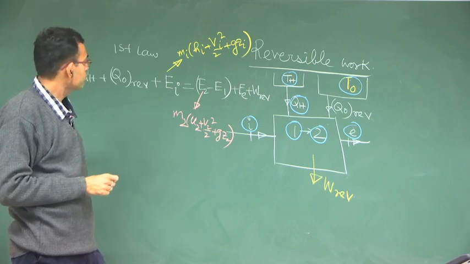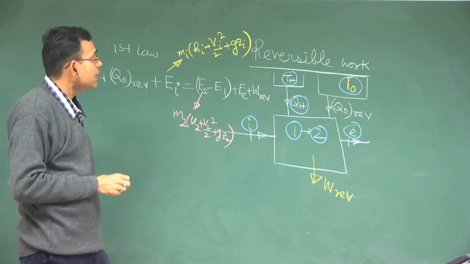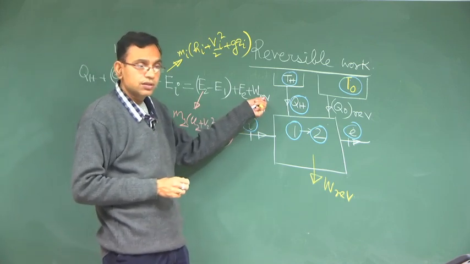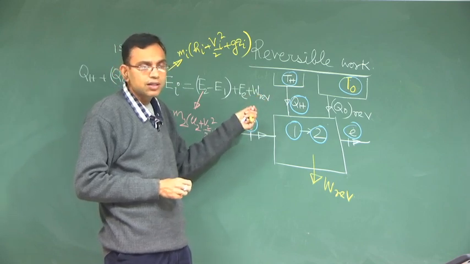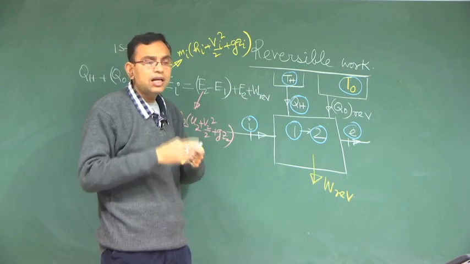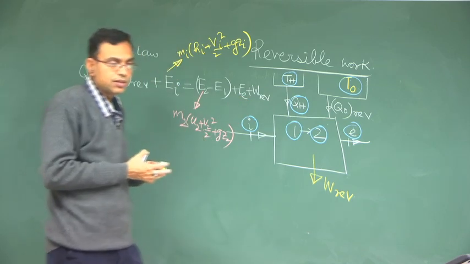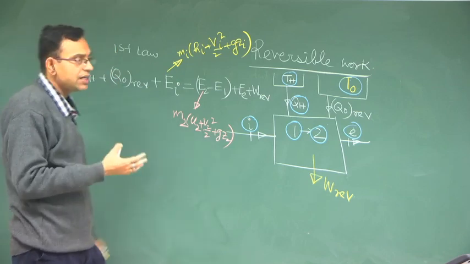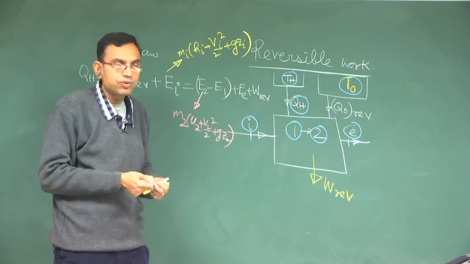But how do you guarantee that this work is reversible work? You can guarantee that this work is reversible work if there is internal and external reversibility associated with it. That is guaranteed by zero entropy generation in the entropy transport.